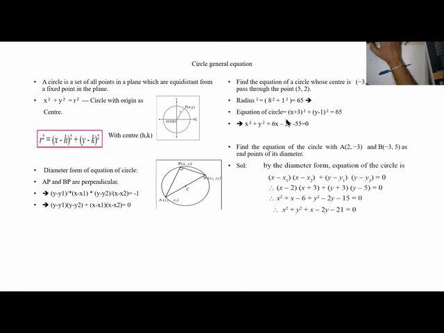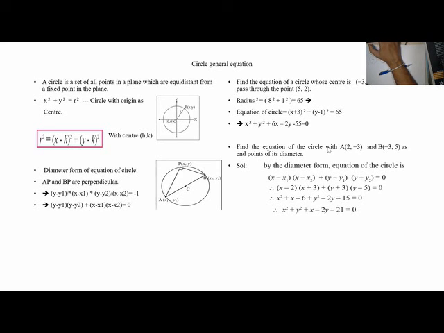So (x plus 3) whole square plus (y minus 1) whole square is equal to 65. When we simplify this, we will get x square plus y square plus 6x minus 2y minus 55 is equal to 0. Here plus 9 plus 1, 10. 10 will get minus from here, so it will become minus 55.